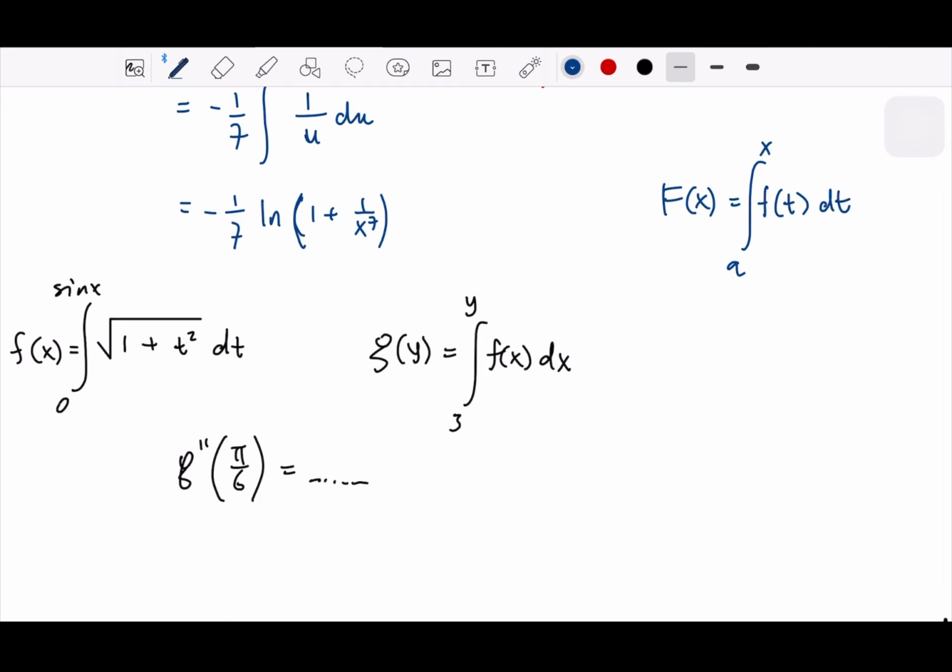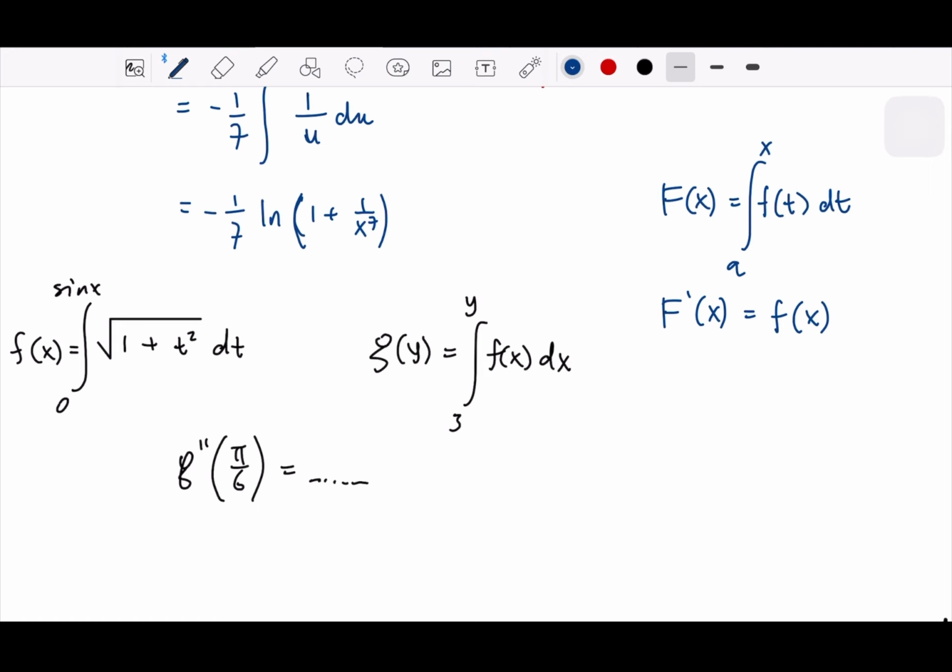So f prime is just f of x. This is what we call the fundamental theorem of calculus. So basically we are just substituting the x into t, and then don't forget to multiply with the chain rule of this x. So if this is 2x, then we need to multiply with 2.